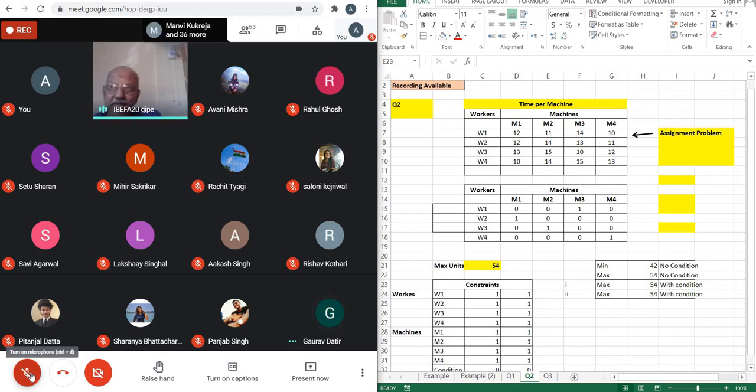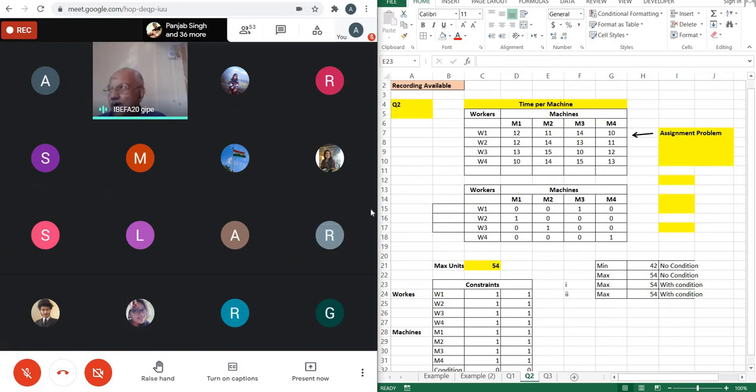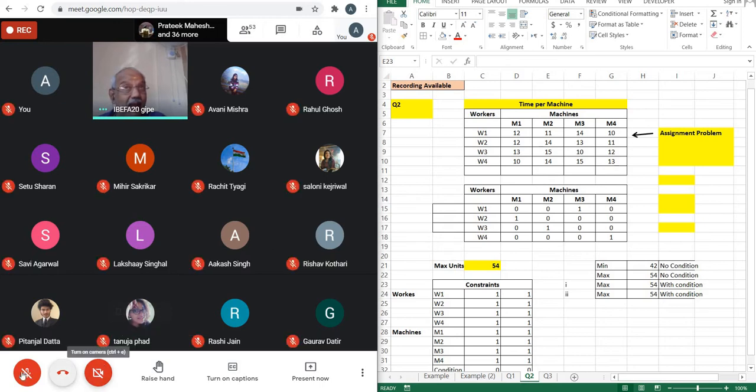Why do you have to do business? Profit, sir. Revenue generating. So, along with this minimum transportation cost, you are expecting maximum profit.